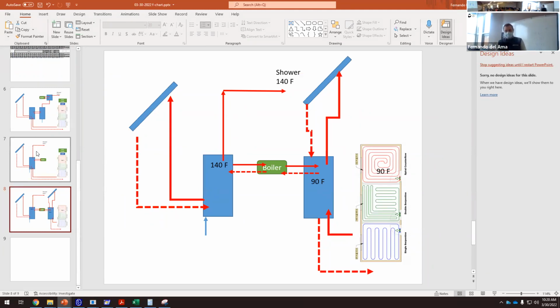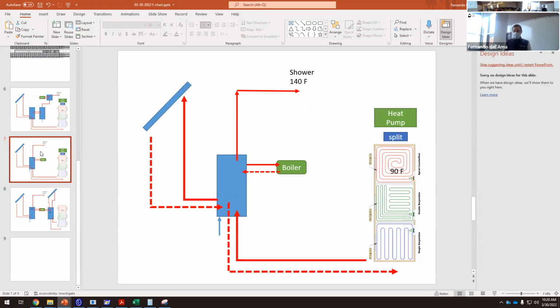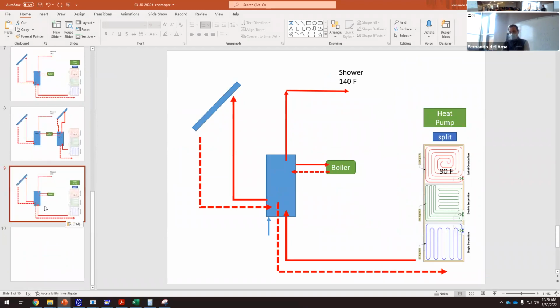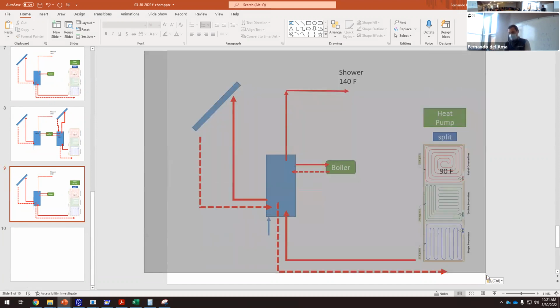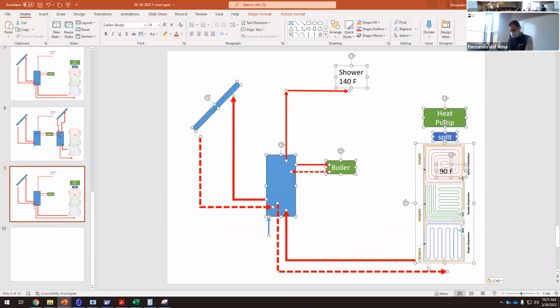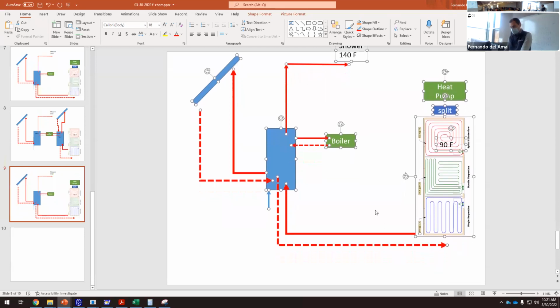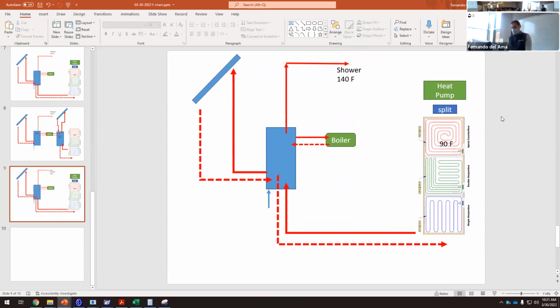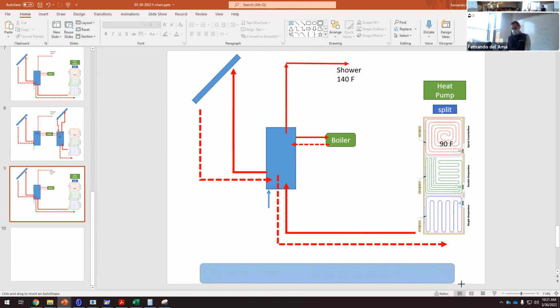Okay. If I'm working with this, it seems the easiest way to work with, because we have only one boiler. So I'm going to include another option for this. So I'm going to connect this to a swimming pool.